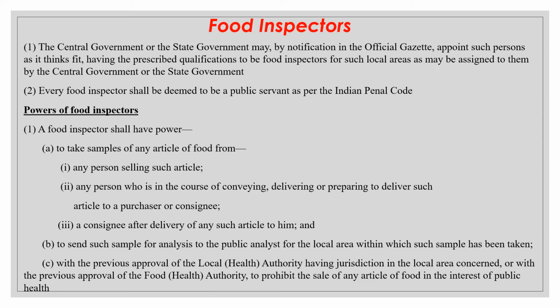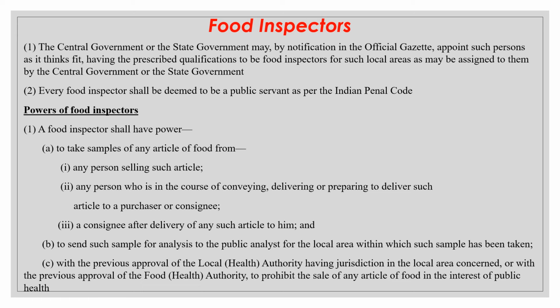Okay, you can take samples from any person, any shop, selling such article, and any person who is in the course of conveying, delivering, and preparing to deliver such article to a purchaser or consignee. So the article has not yet reached the retail store.